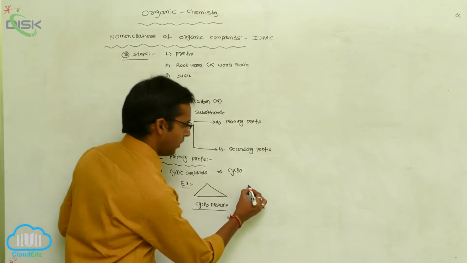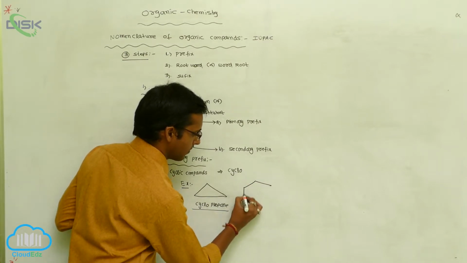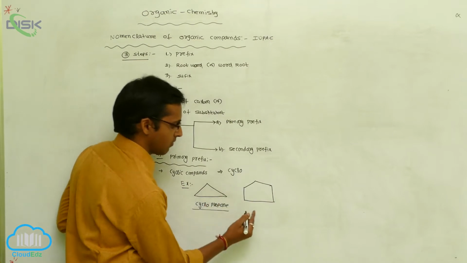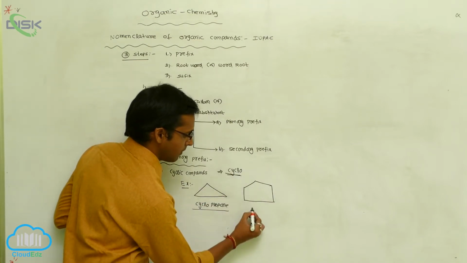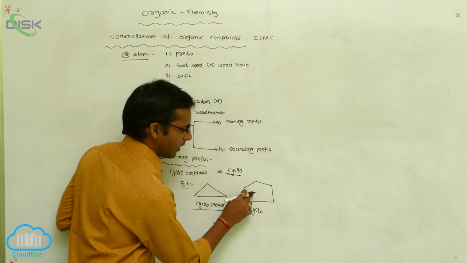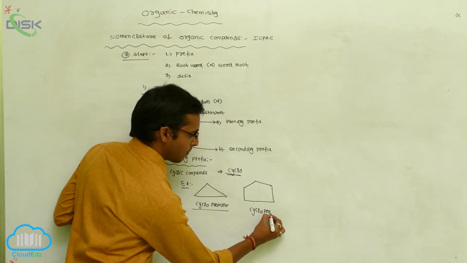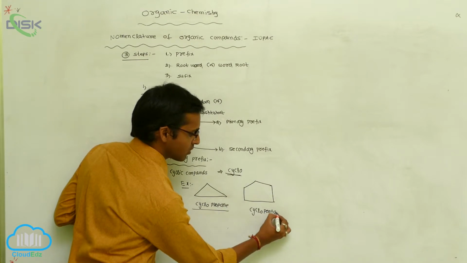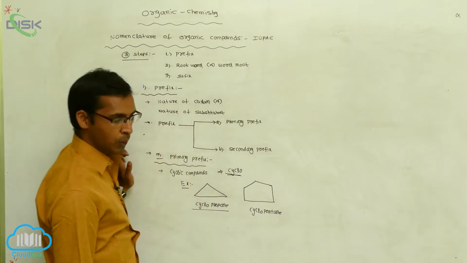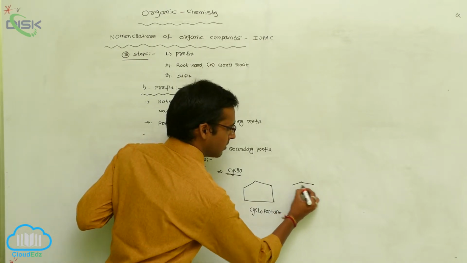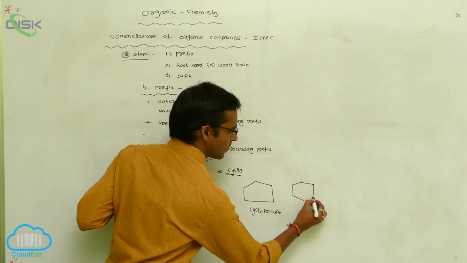For example, consider a 5-member ring. Here also a cyclic ring is present, so the prefix is cyclo. Here 5 carbons means the root word is pent, and this is saturated, so pentane: cyclopentane. Or consider another example, a 6-member ring.